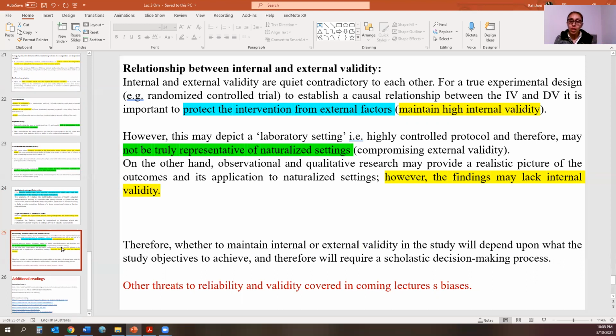But mind you, this is just an example which I'm giving. There are many randomized control trials which have a good balance of internal and external validity. But that is not within the scope of this.